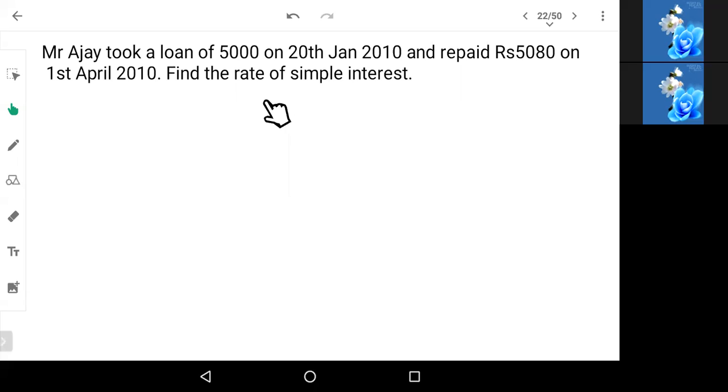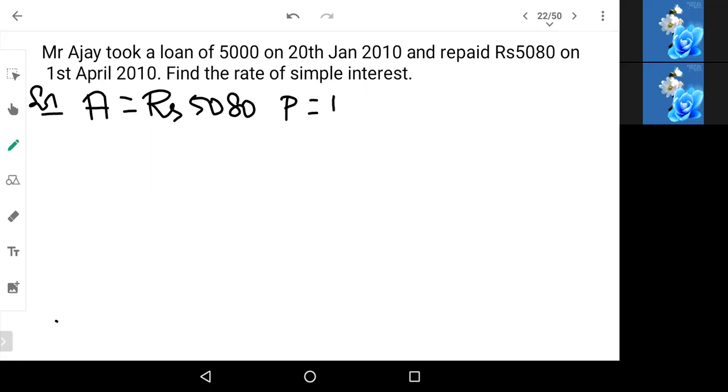Okay. So in this question, Ajay has taken a loan of 5,000 on 20th Jan and he repaid 5,080 rupees on April 1st. So let us write down what all is given to us. Firstly, solution. Amount is given to us, which is 5,080.